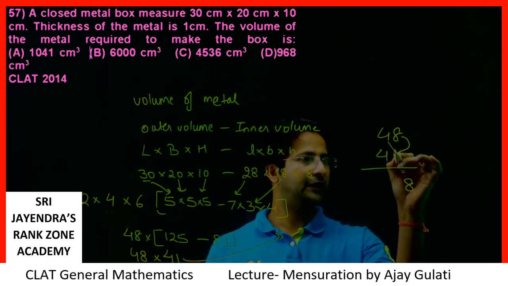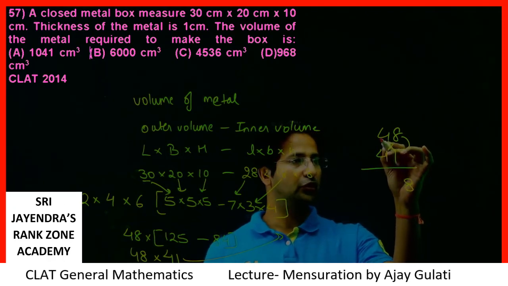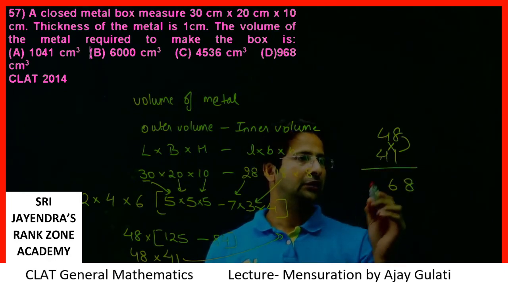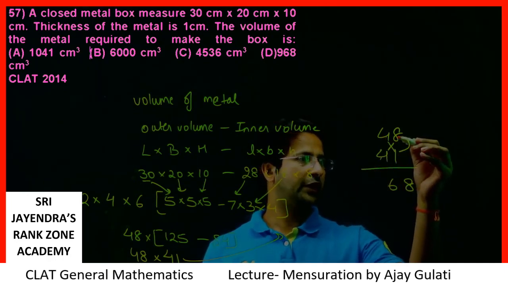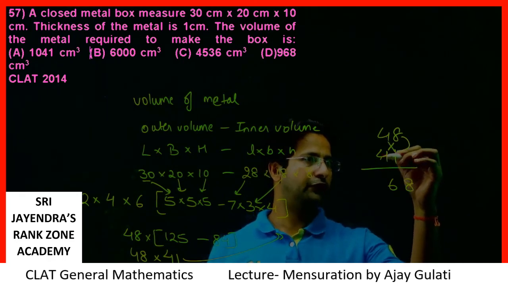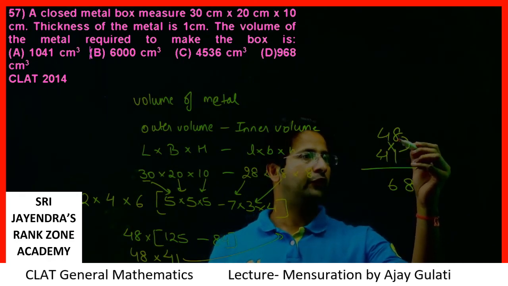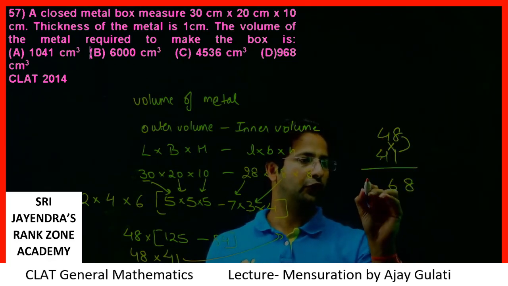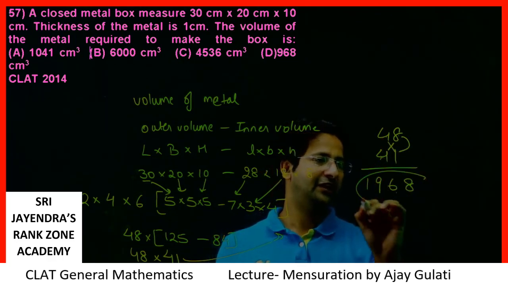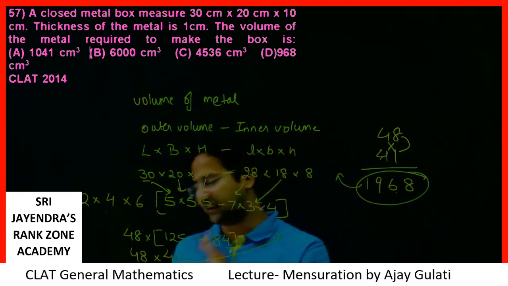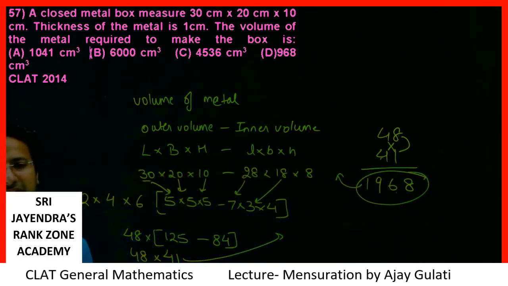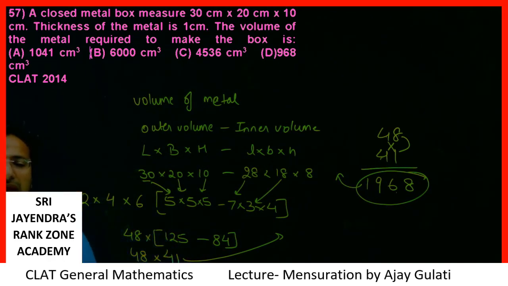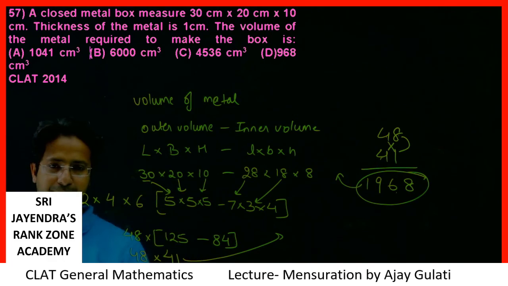Next, this multiplied by this plus this multiplied by this. 4 plus 32, 36. 6 and 3 carry. 4 into 4, 16 plus 3, 19. So 1968. Students, this is the actual answer. There is nothing wrong in this. Options have been provided wrong in your previous year exam 2014. This is the answer. Please make sure this is the answer.